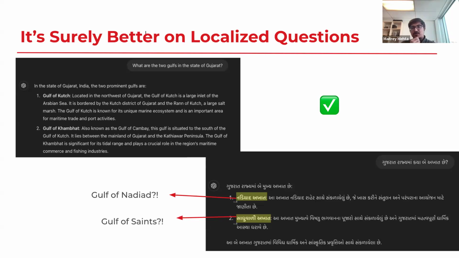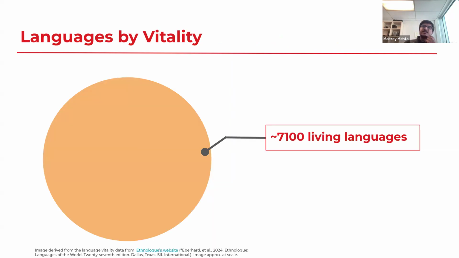Now, to talk about languages in natural language processing, we need to study languages under different lenses. So here I have presented one perspective to look at languages. So again, we go back to Ethnologue and the statistics about language. So there are around 7,100 living languages, as we saw, right?